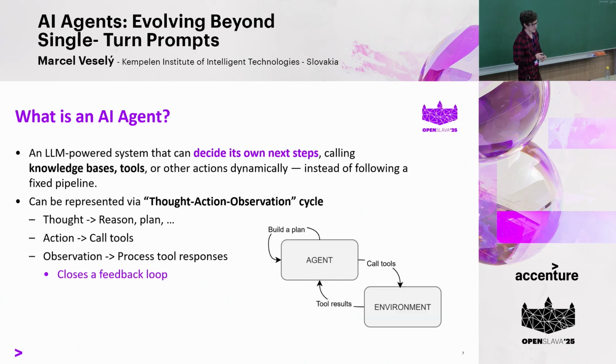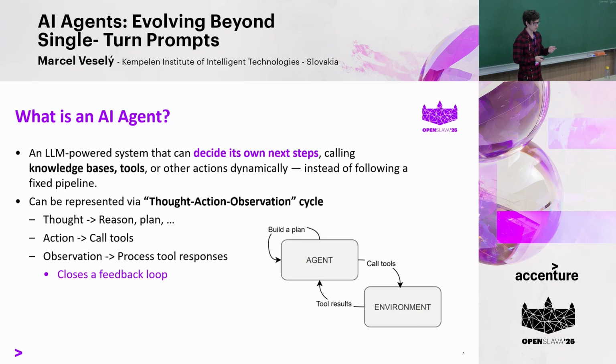Because the AI agent can also be thought of as a so-called thought, action, observation cycle, where we have three concepts, let's call it that way, thought, action, and observation that alternate between each other. And we start off with, say, a thought, when an agent may reason about some things, and then it can interact with the environment, call tools, and then get those responses from those tools back to its context.